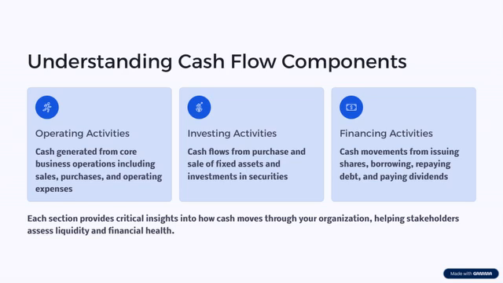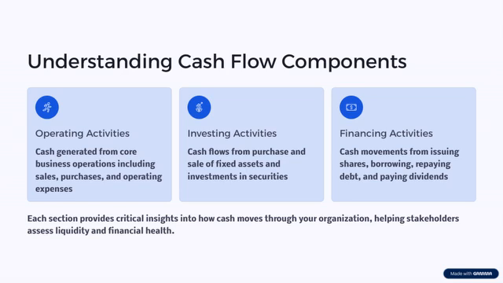Next, we have investing activities, which involve cash flows from purchasing and selling fixed assets and investments in securities. These reflect how your organization allocates resources for future growth or divestments. Finally, operating activities encompass the cash generated from your core business operations, including sales, purchases, and operating expenses.